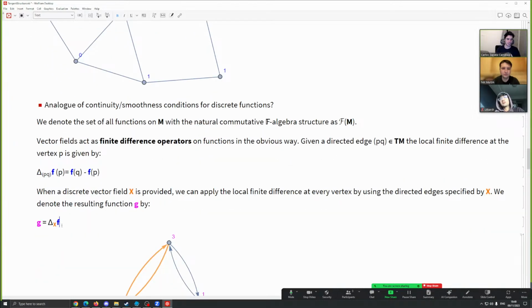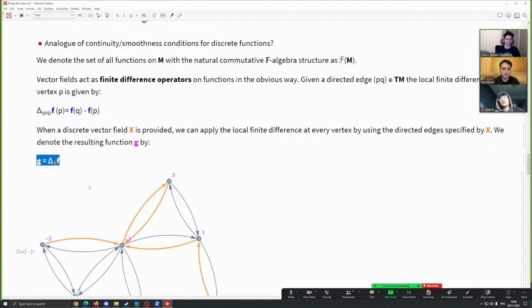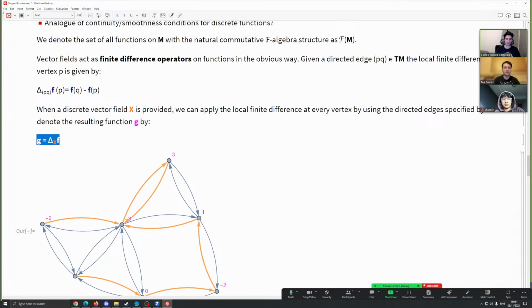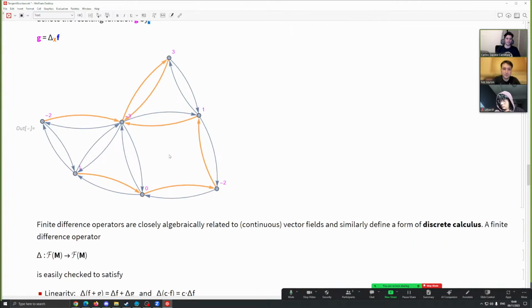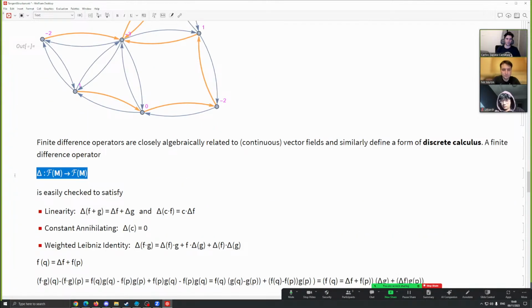Then you define g as this delta x of f, where x is an assignment, and you can simply compute, arithmetically for all vertices, what the value of delta x f is, and therefore you have a new function. So this is now a way of assigning functions to functions. It is linear by construction. It is annihilating on constants. Obviously, if there's a constant assignment of values, then you see no change.